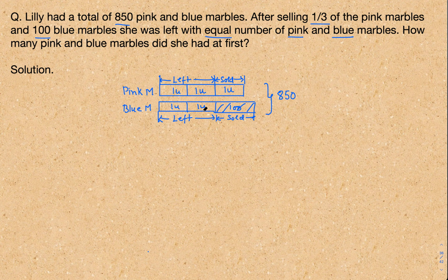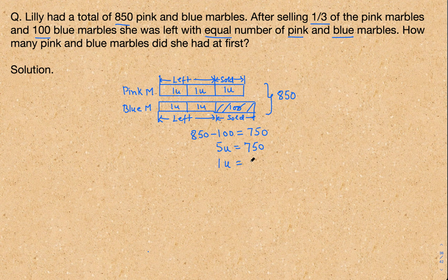We'll be left with only these 5 units. So let's do that. 850 minus 100 will give us 750, and that will be equal to 1, 2, 3, 4, 5 units. So 5 units will be 750.